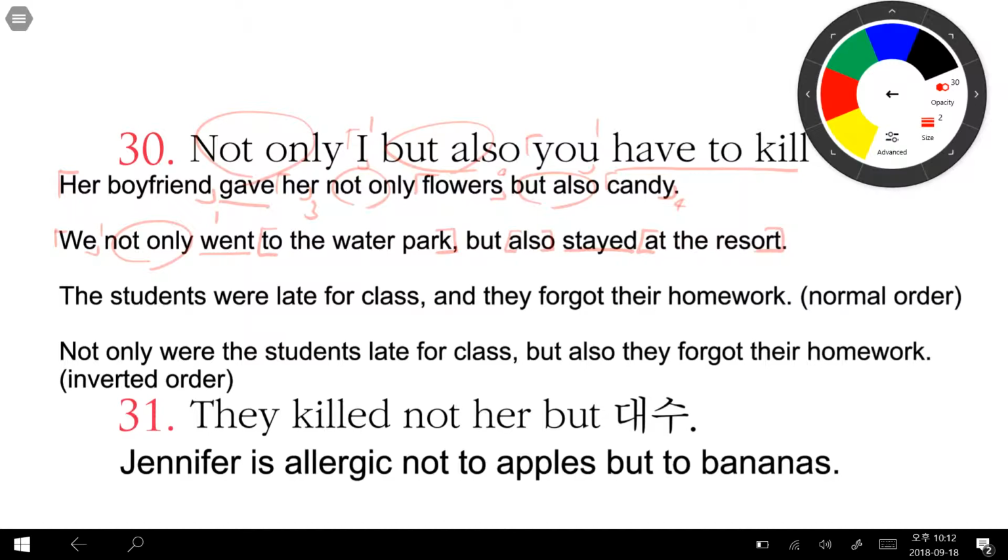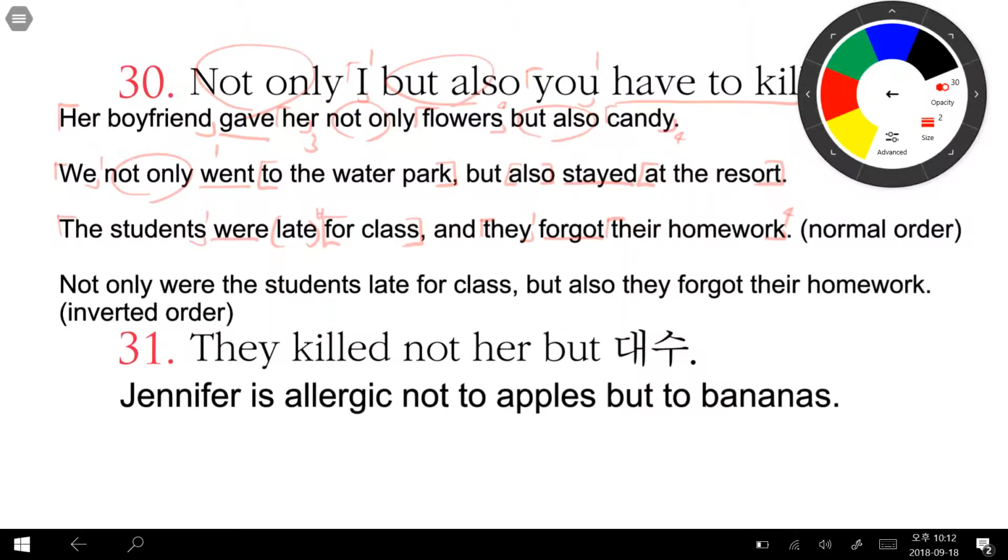Compare the following. The students were late for class and they forgot their homework. In that sentence, it's the normal English sentence order of subject and then verb.